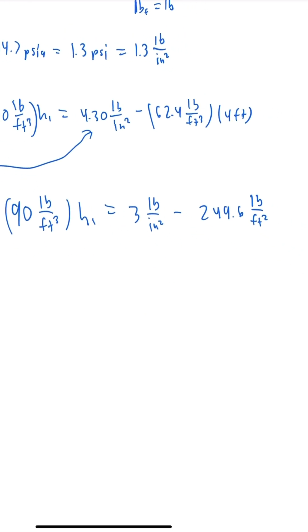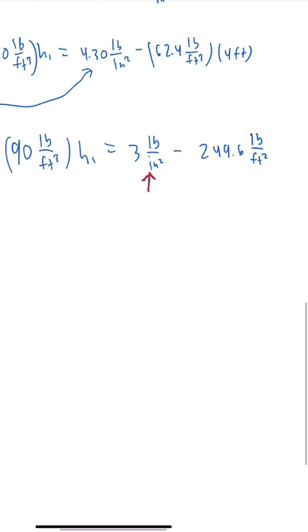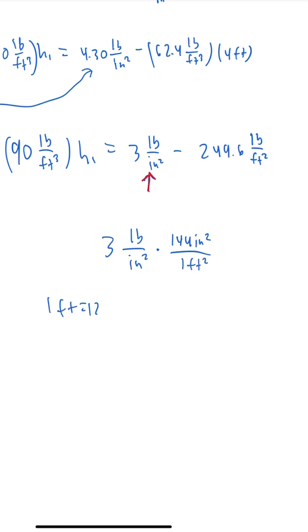We can tell that if we divide by the 90 pound force per feet cubed, it's not going to work correctly because this is in inches squared. So we need to convert that real quick. So 3 pound force per inches squared, there's 144 inches squared in 1 foot squared. So 1 foot is equal to 12 inches.